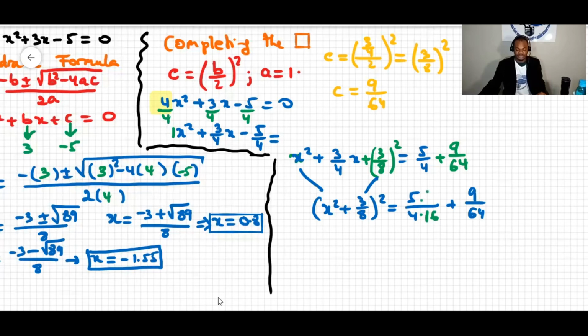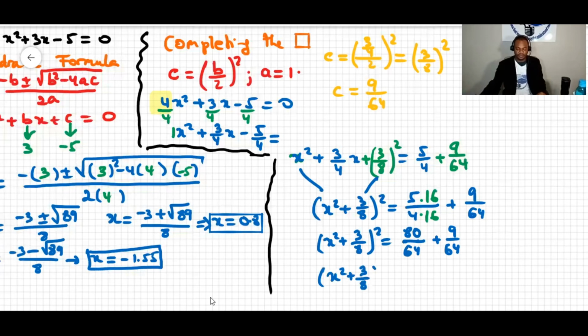So I times also the numerator by 16, and then this will be x squared plus 3 over 8 to the power of 2 equals 80 over 64 plus 9 over 64 now, not 16 anymore, because 4 times 16 is 64. And then this will make x plus 3 over 8 to the power of 2 equal to 89 over 64. Then what we can do, we will square root both sides of the equation.